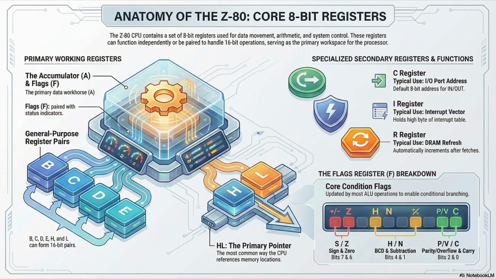Firstly, the sign flag. This reflects the most significant bit of the result. Next, the zero flag, set when the result of a calculation is 0. The half carry flag is used for binary coded decimal arithmetic. The parity or overflow flag is for logical operations, overflow for arithmetic.